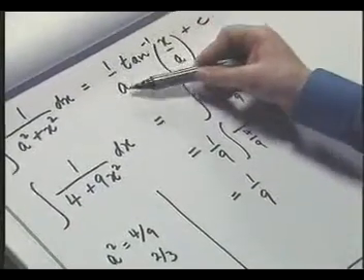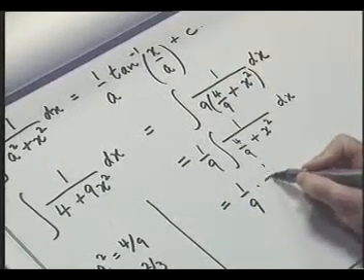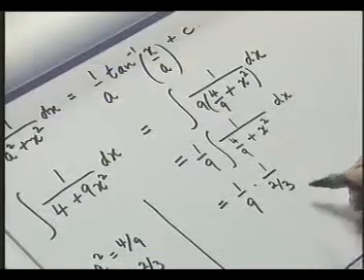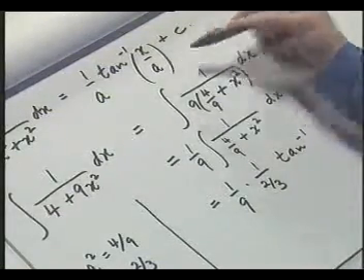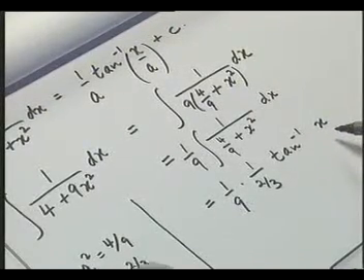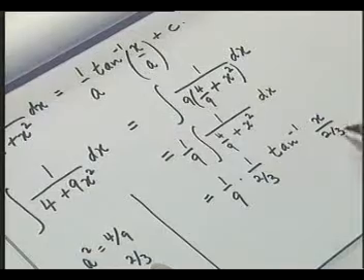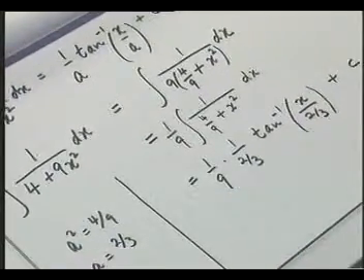We want 1 over a. Well, a is 2/3, so we want 1 divided by 2/3. Tan to the minus 1 of x over a. x divided by a is x divided by 2/3, plus a constant of integration.